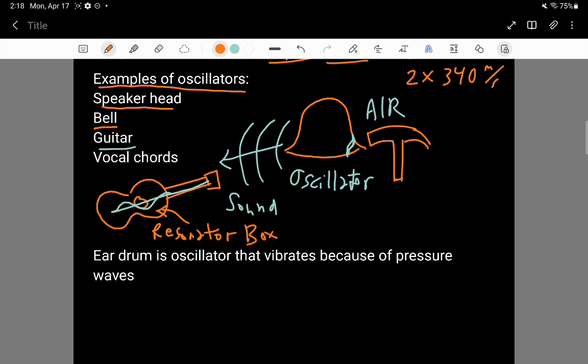This is an acoustic guitar, non-electric. So the string is vibrating the walls of the resonator box, which is causing the air inside the box to get high pressure and low pressure, which sends sound away from the box. And the sound is of the same frequency as the vibration frequency of the guitar string. And vocal cords actually operate in a really similar way.